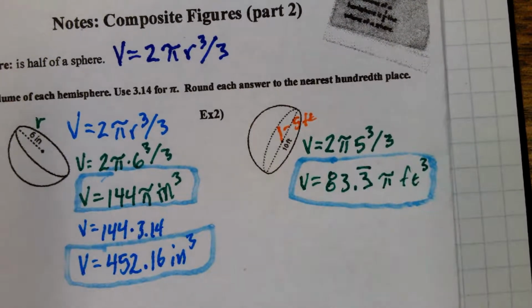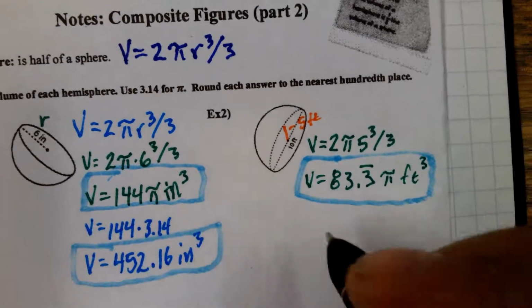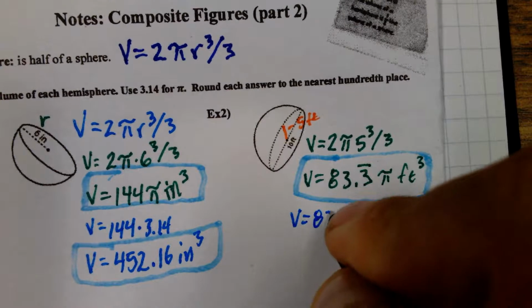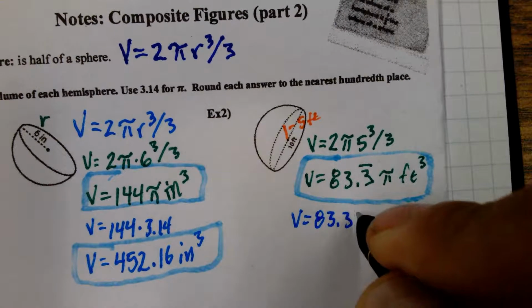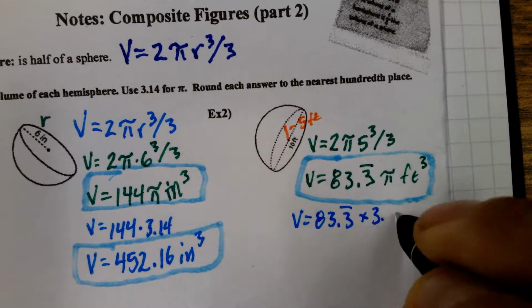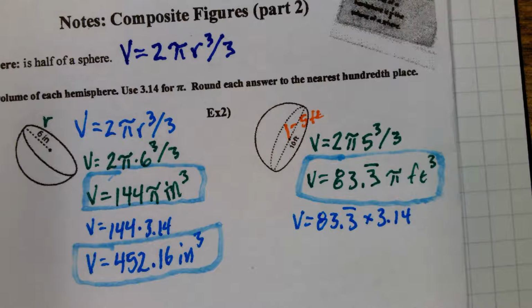Let's figure this out for an estimate with 3.14. So what you want to do is you want to multiply 83.333333. Just fill it up with threes.